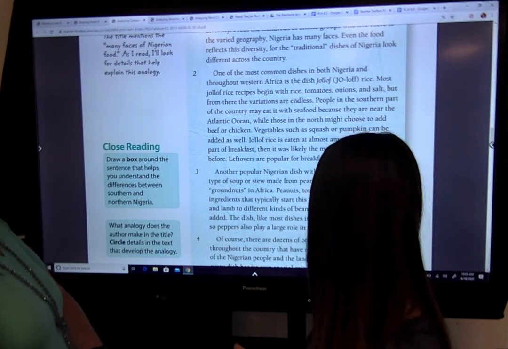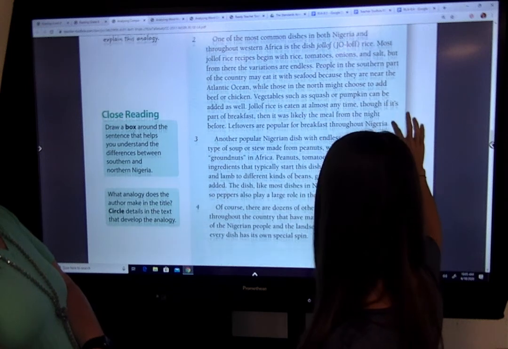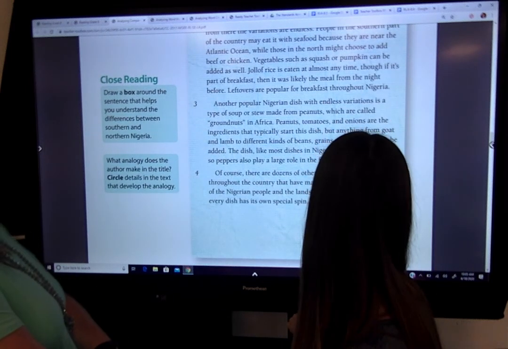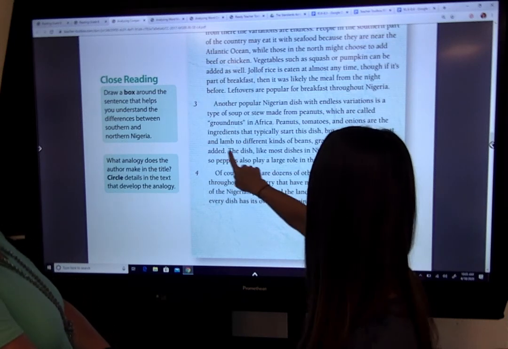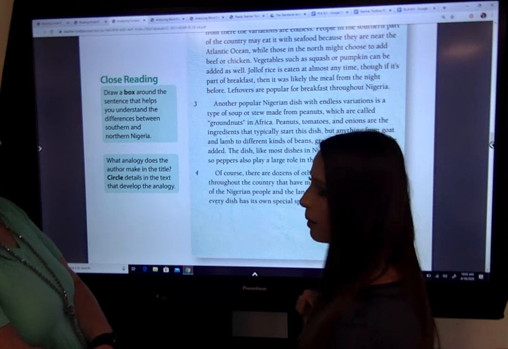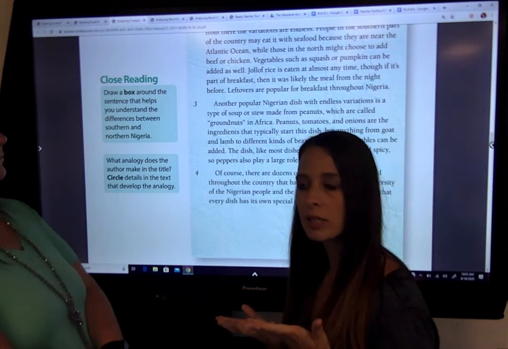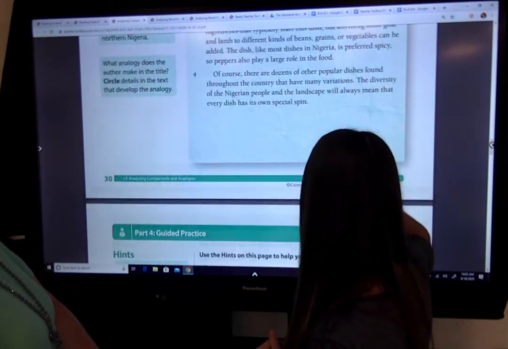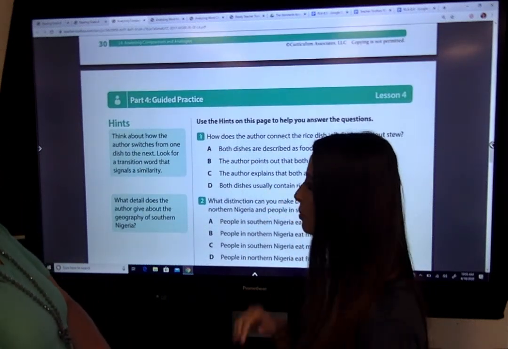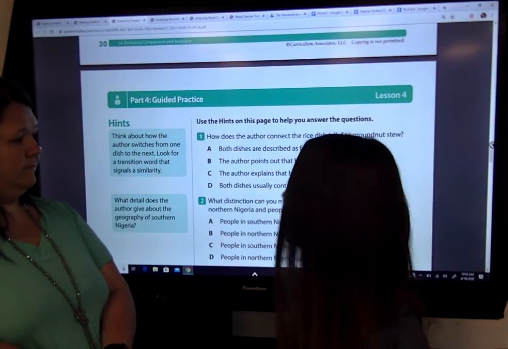So there's a lot of variation there. Let's look at the soup. Peanuts, tomatoes, onions. Then it says it can be used with anything from goat and lamb to different kinds of beans and grains. And some can be spicy. So we see that both dishes can be used and have many variations. So I'm thinking the answer is B, because that's true, but you got to eliminate.